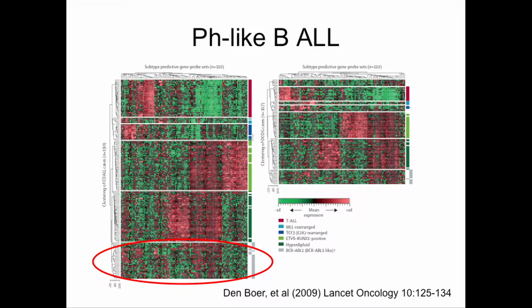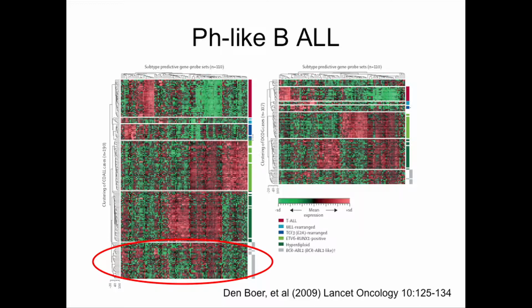In particular, one of the subgroups recently identified by a couple of different groups, including the Children's Oncology Group, is a group of B lineage ALL that has a gene expression signature very much like what is seen in patients with the Philadelphia chromosome positive form of B lineage ALL, and so has been termed Ph-like B lineage ALL. These are identified down here on the bottom left as a unique subgroup.